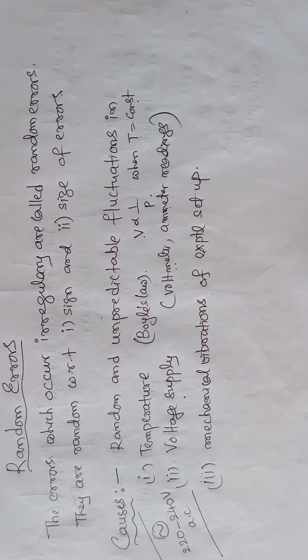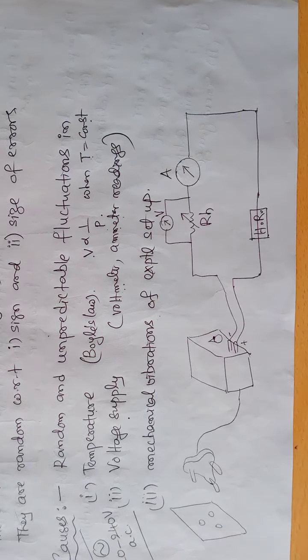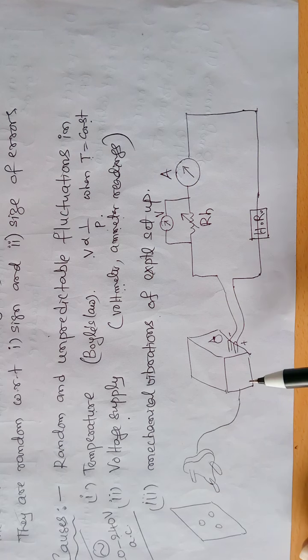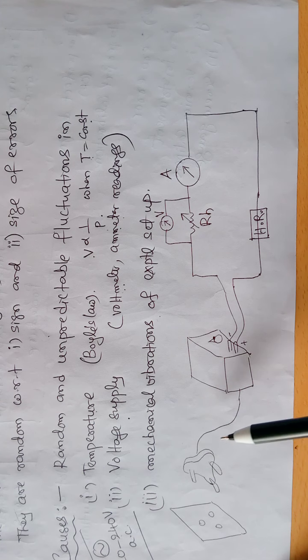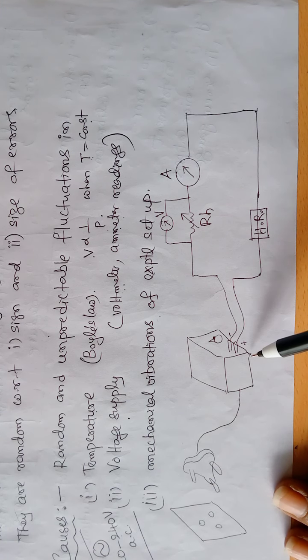Suppose you are doing an electrical experiment. You are measuring voltage and current. See, now look at this diagram. From switchboard, you are taking connection, you are giving the connection to an adapter. This is an adapter.